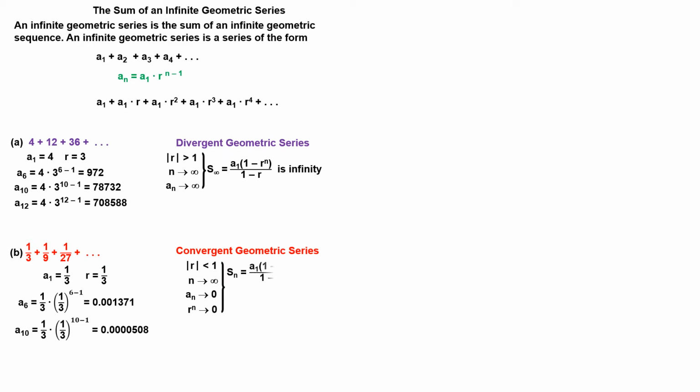If we take the formula for the sum of a geometric series, we can cancel out r raised to the power of n, and we get the formula for the sum of a convergent geometric series. This formula means that as you add more terms, the value of the sum changes very little. The sum is approaching some constant value as n gets very large.